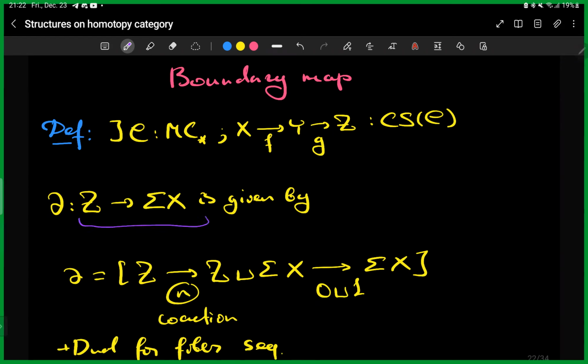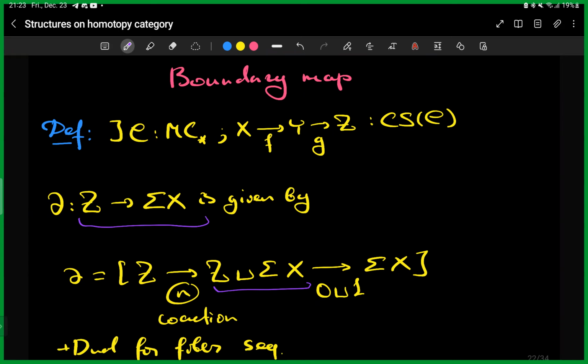We start from Z, we apply the coaction morphism, we get this space. Since it was a coaction, it's precisely what we need. And then we just collapse Z and map sigma X into sigma X by the identity. And we get the connecting homomorphism, sort of. It's actually not a homomorphism. It has a geometric meaning. It comes from the homotopy category. And this boundary map is defined like this.